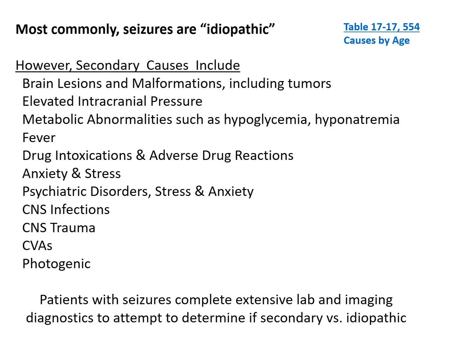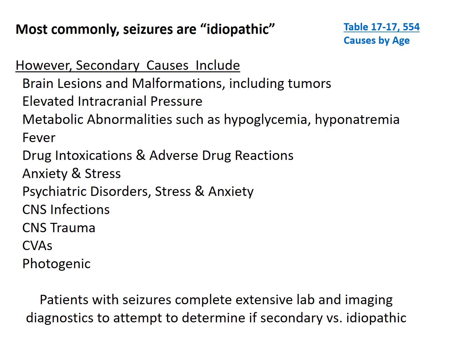So the individual who presents with new onset seizures typically is going to go through some type of workup to determine if they have an underlying cause. Sometimes that cause isn't found, and then that's referred to as idiopathic, okay? So it is important, somebody comes in with a seizure, what's causing this?